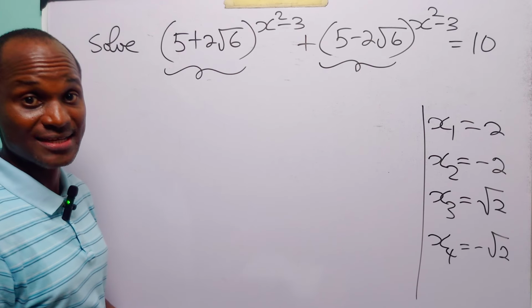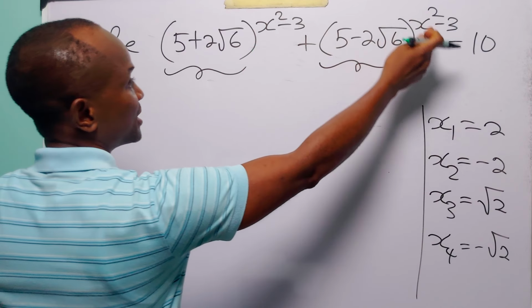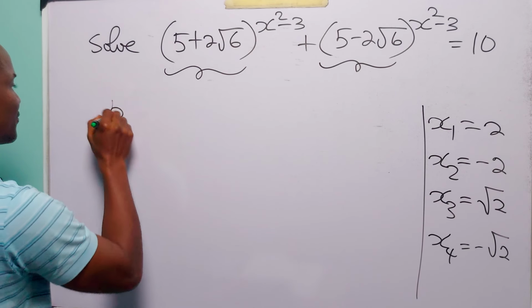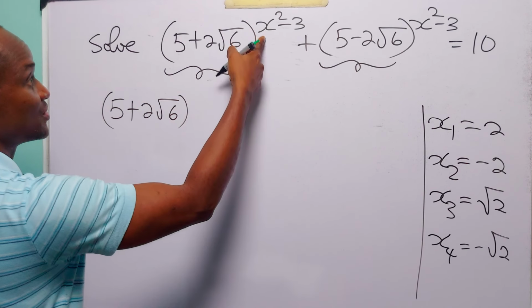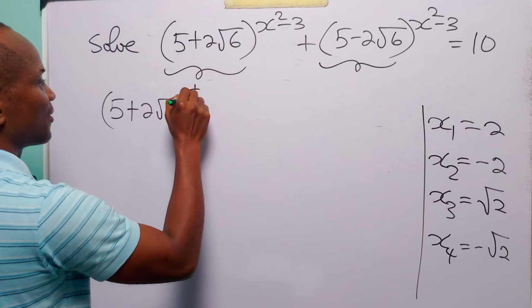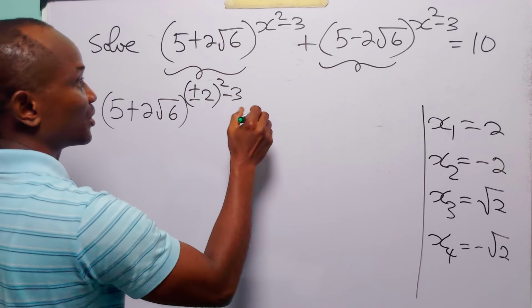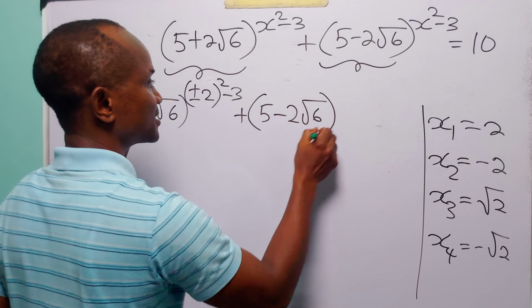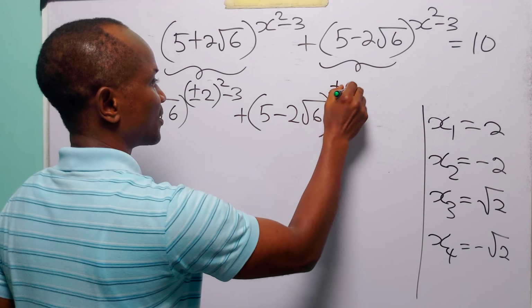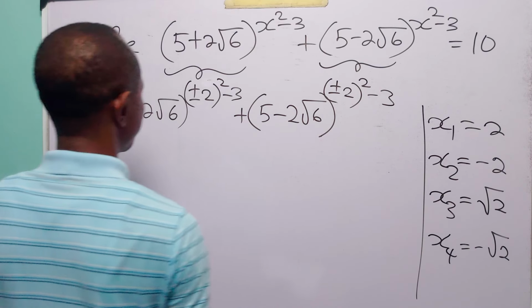Now to check your answer is very easy. When you substitute plus or minus 2 into the original equation, you have (5 plus 2 root 6) to the power plus or minus 2 squared minus 3 plus (5 minus 2 root 6) to the power plus or minus 2 squared minus 3.